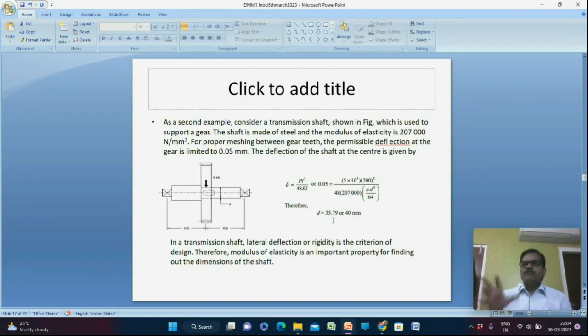This is the requirement of the dimension in this case, where we consider the failure as elastic deflection. In the earlier case, it is yielding.